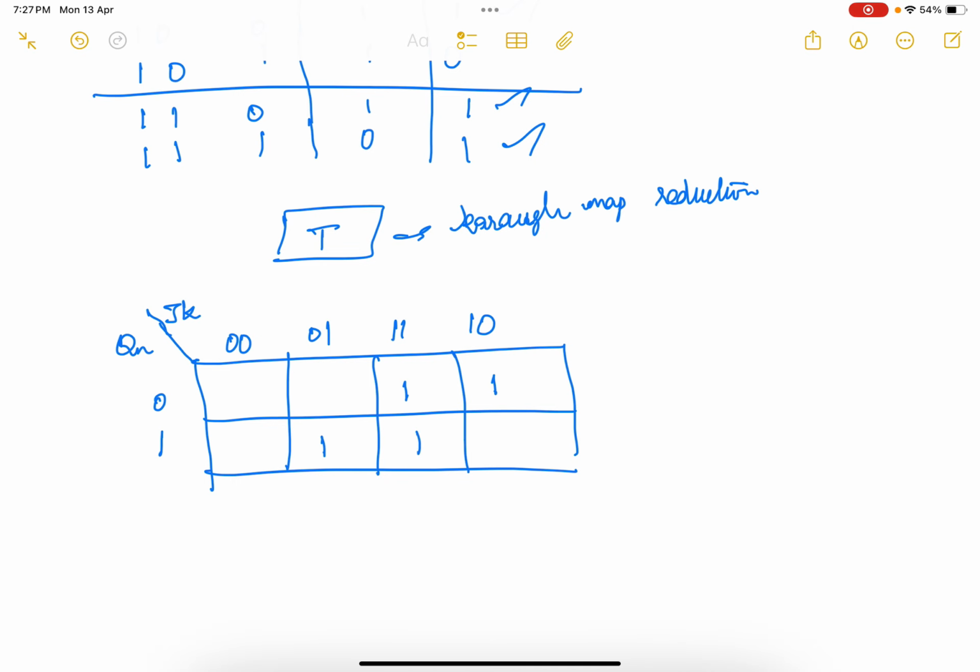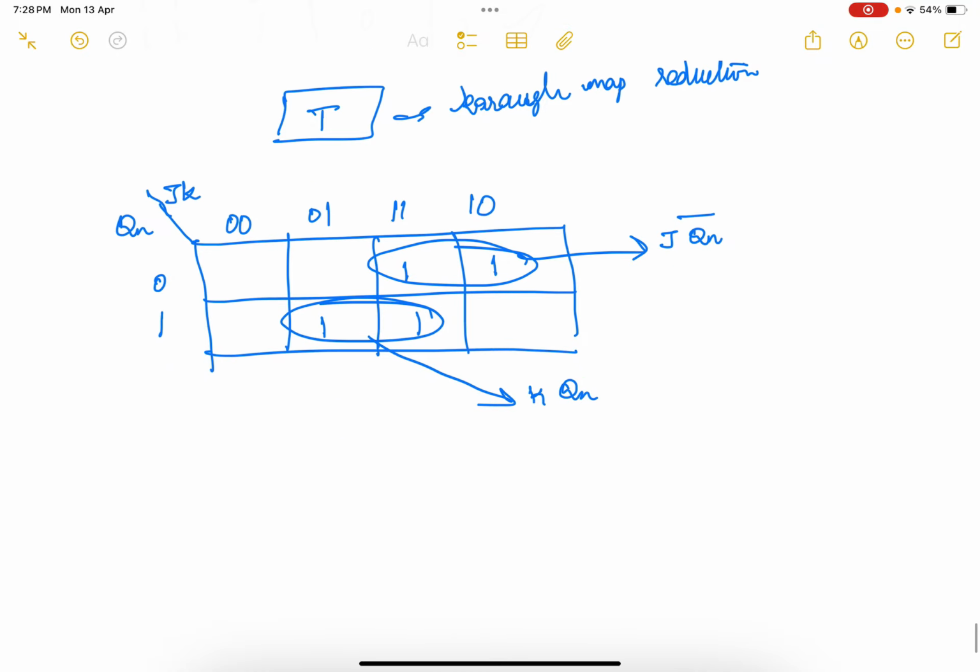So if you see, this will be one pair and this will be another pair. For this pair the answer will be J into Qn bar, and for this pair the answer will be K into Qn. So this is my equation, that is T equal to J into Qn bar plus K into Qn.